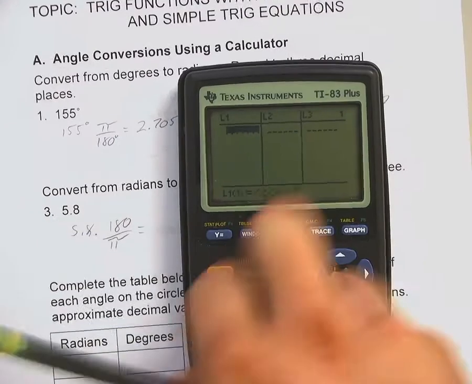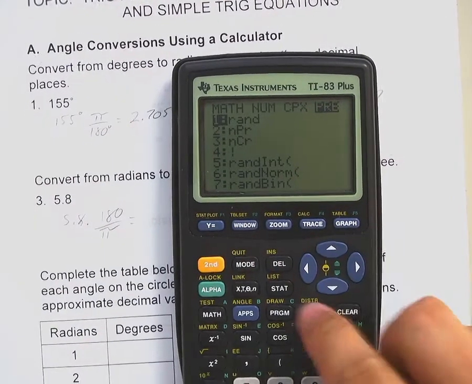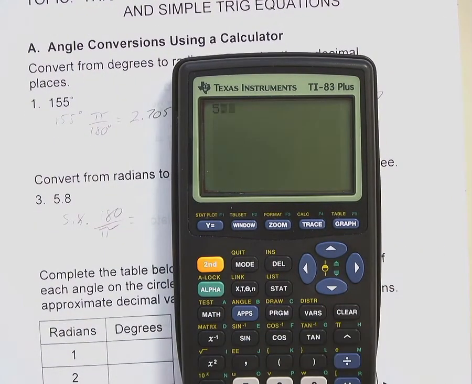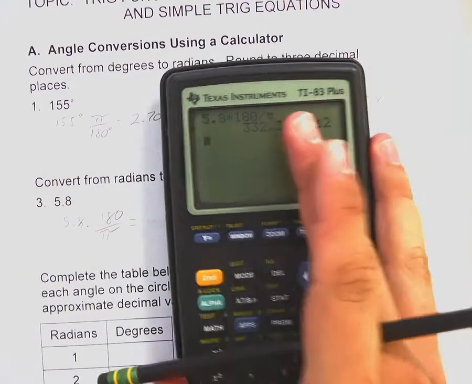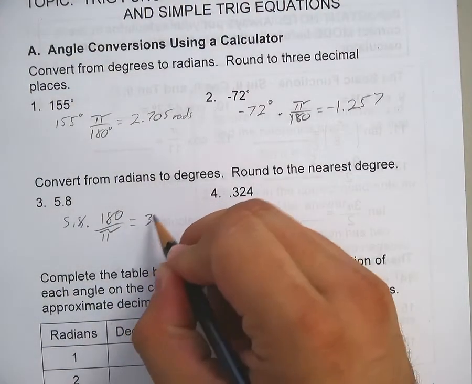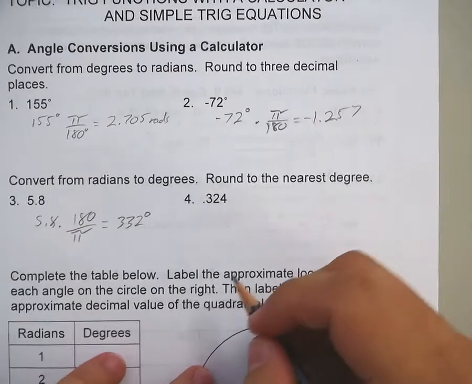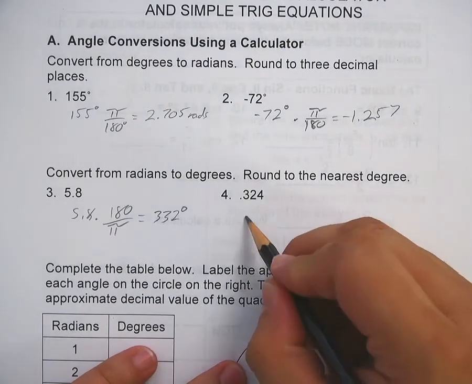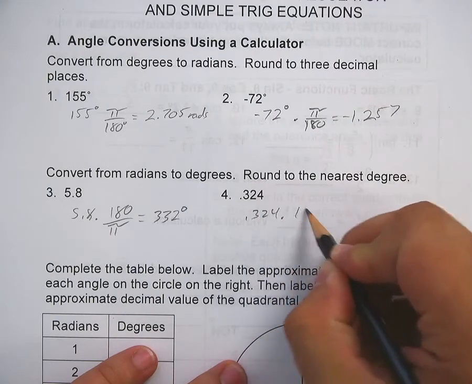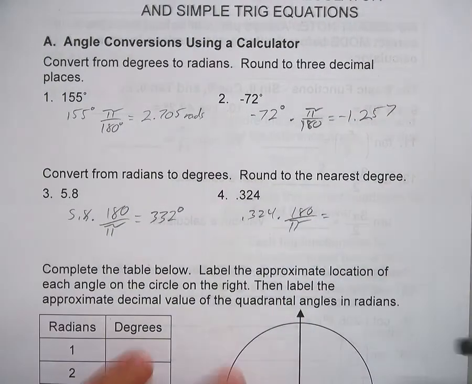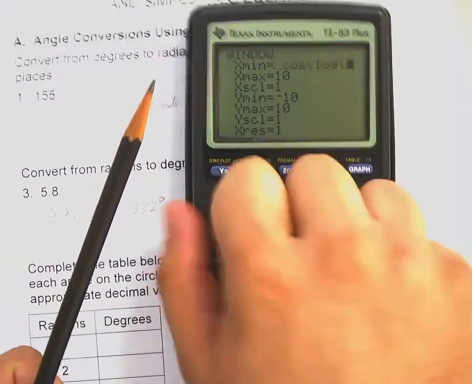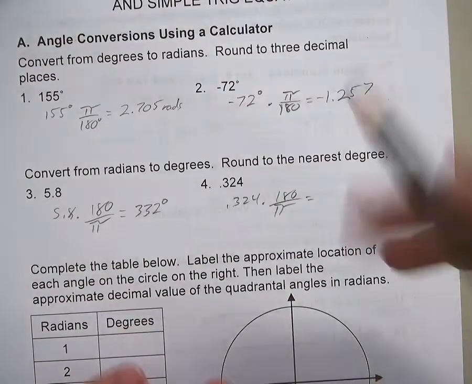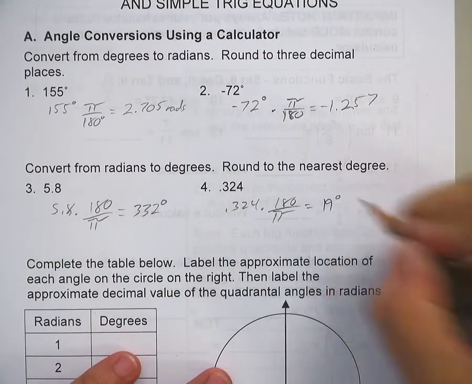If you calculate 5.8 times 180 divided by pi, you end up getting 332.315, and it says round to the nearest degree, so I'm going to call that 332 degrees. 0.324 times 180 over pi, and magic happens and we get 19 degrees, rounded, of course.